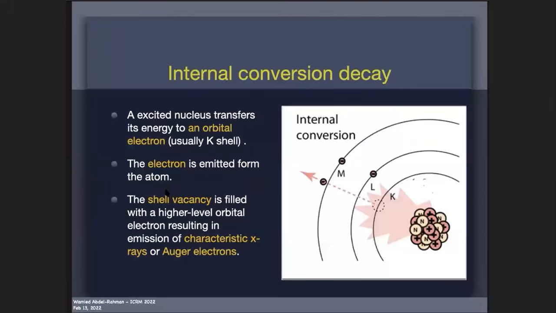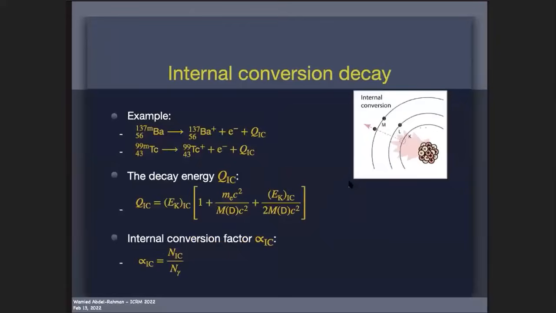Again, the atomic number and the atomic mass remain the same. But in this situation, a vacancy is produced, and then the atom will de-excite either by emission of characteristic X-rays or through Auger electrons. These are examples. Again, technetium may also undergo internal conversion, not just a gamma emission.